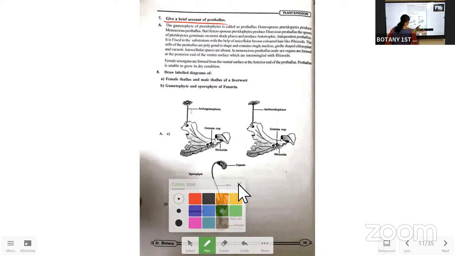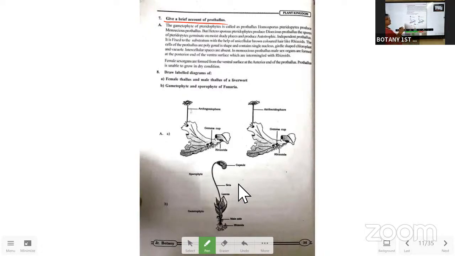Prothallus is the one which is seen in the pteridophytic plants. It is homosporous. In the pteris plant, we can see the prothallus. That is the first starting of the plant life from the spores, called the prothallus.